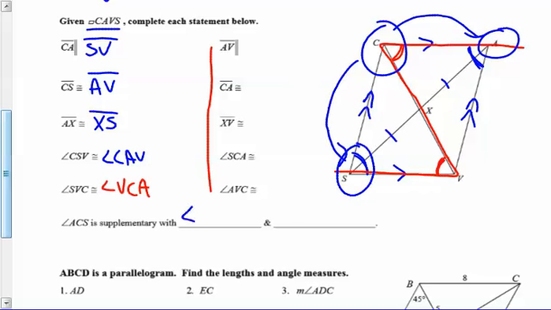So we'll say CSV and angle CAV. So again, these 2 add to 180, and these 2 add to 180.